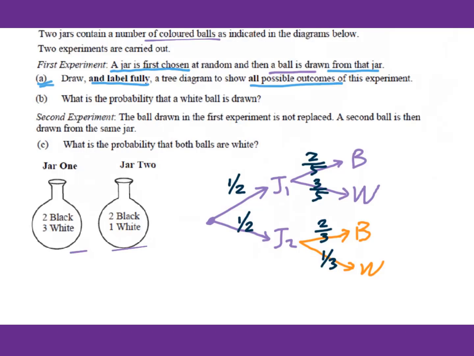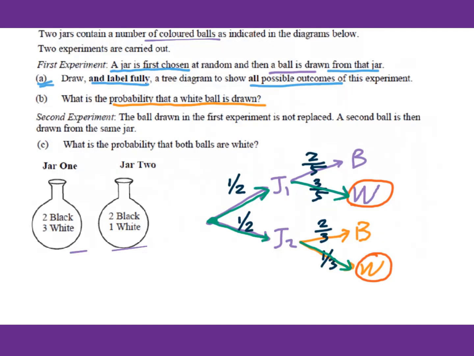For B, what's the probability that a white ball is drawn? Check where you can find the white balls. This is a white ball. This is a white ball. From the very beginning, this point, how do I go to a white ball? This line goes to a white ball. Then we have another line. This line goes to a white ball.